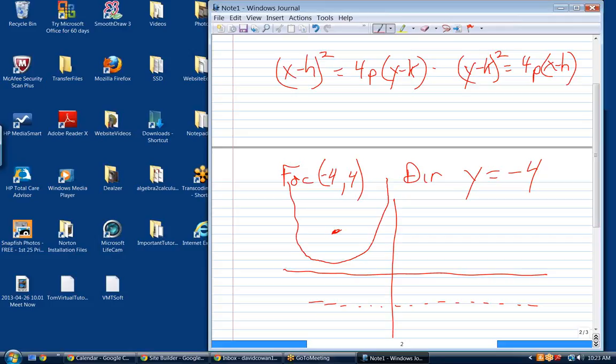Correct? Yeah. Okay. Let's label these -4, 4. And this is at -4. In fact, what is the x and y coordinate of the vertex? The x coordinate is -4, the y coordinate is 0.